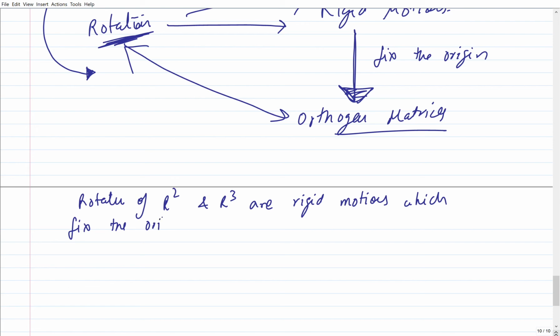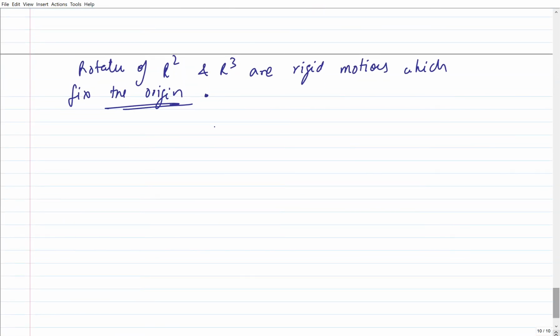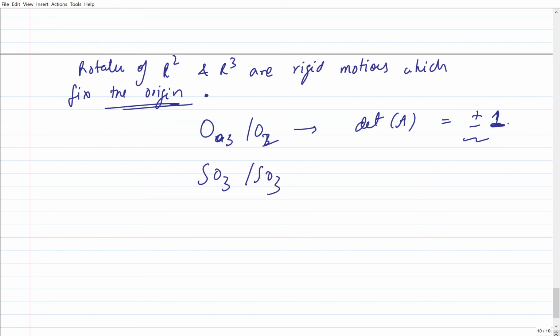Not only that, they are also orthogonal matrices, as we described, let's say O3 or O2 or On, whose determinant is plus or minus 1. And we also said that we are interested in the group SO3 or SO2, the set of those matrices which have determinant equal to 1. So what happens to minus 1?